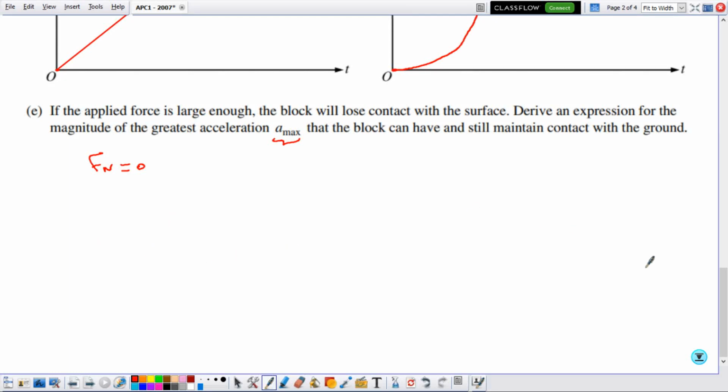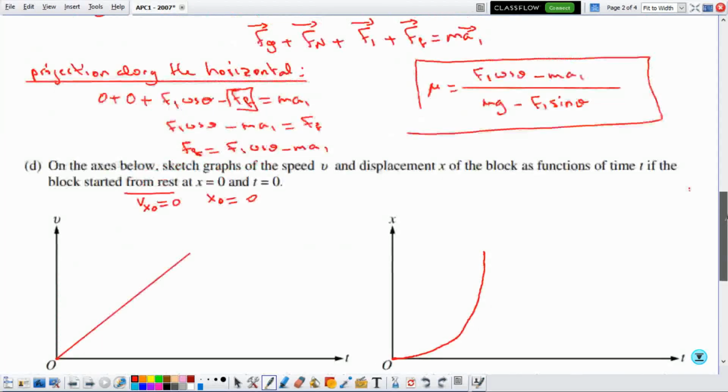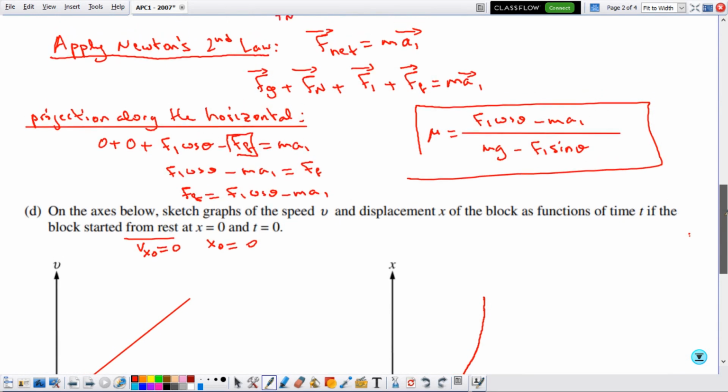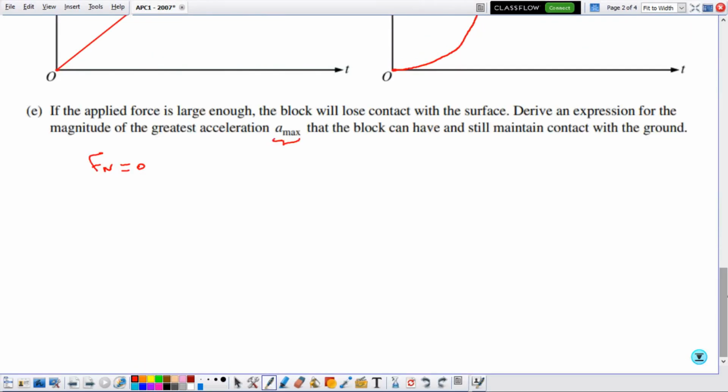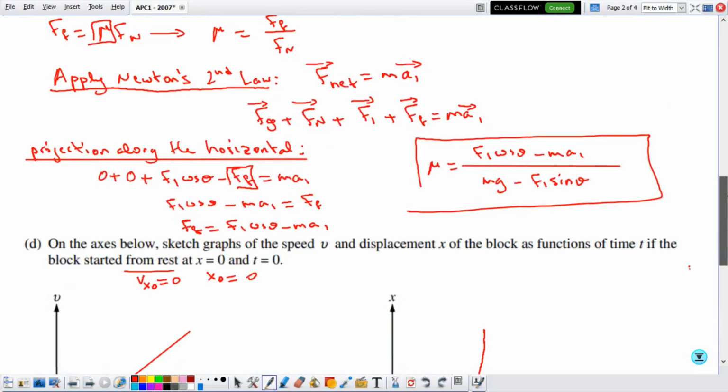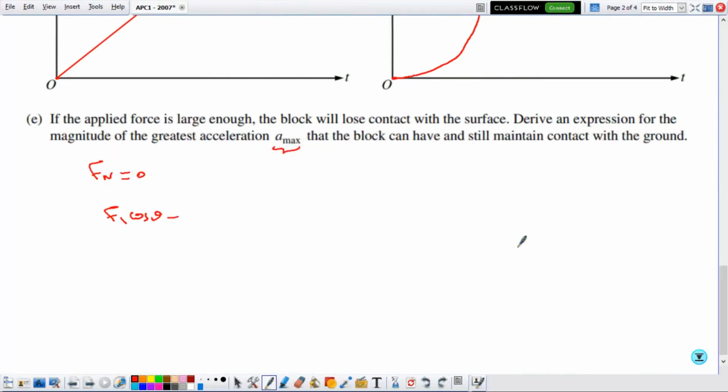Then in order to find the expression of the acceleration, we need to refer to this equation. Now F1 cosine theta minus MA1 is equal to the frictional forces. Now the normal push is equal to 0.